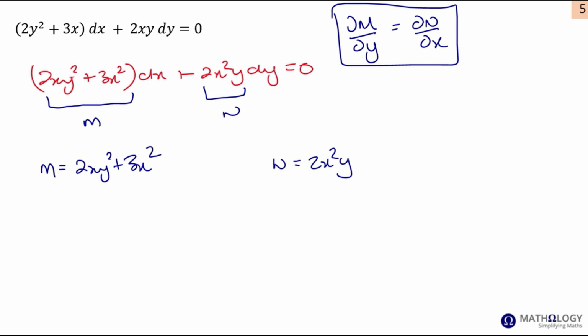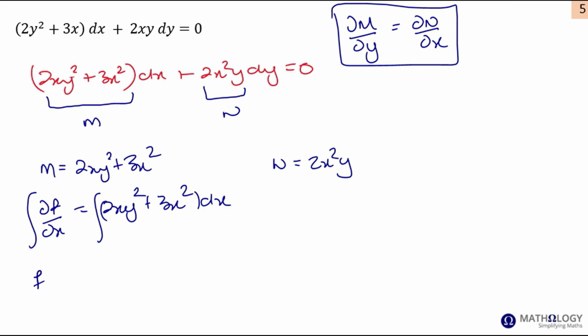So the next step is to determine an expression for the function f. So M is the partial of f with respect to x, and that equals 2xy squared plus 3x squared. So we can integrate this expression now with respect to x. So on the left we have the function f(x,y). Again, we're going to split this up into two separate integrals. So the integral of 2xy squared dx plus the integral of 3x squared dx.